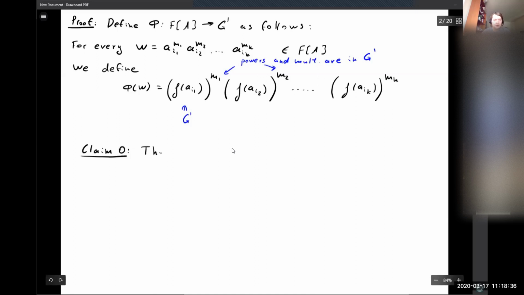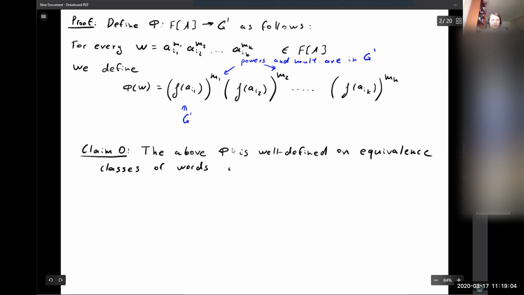So the first thing one needs to prove is that the above defined phi is well defined on equivalence classes of words in F(A), because the elements of F(A) are not just words, they are equivalence classes of words. A single element of a free group can be represented by infinitely many words.